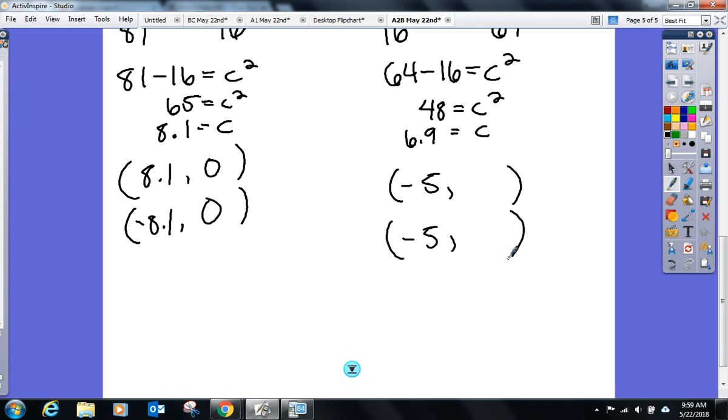One of them, negative 5 and 7.9, going up, and going down, negative 5.9.